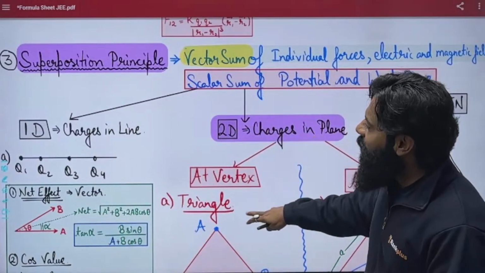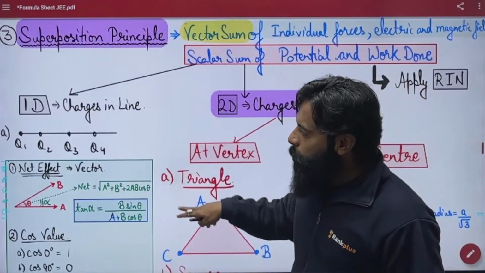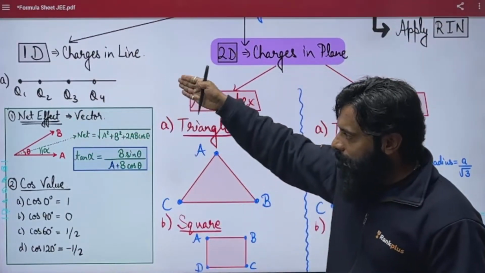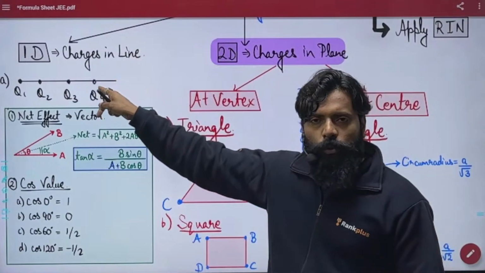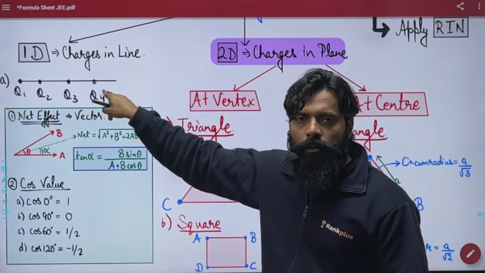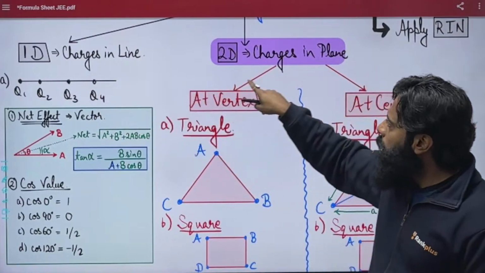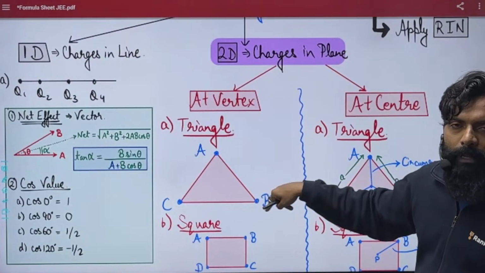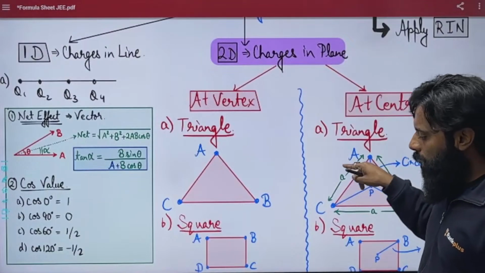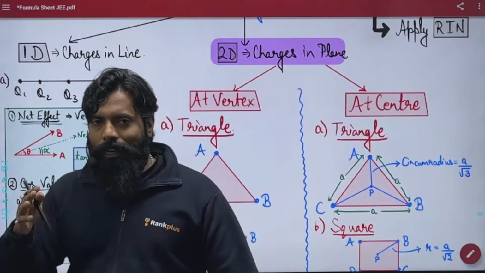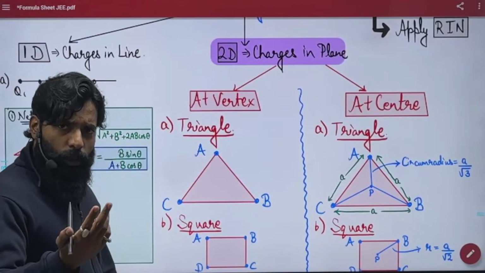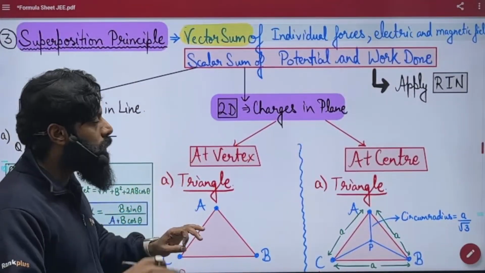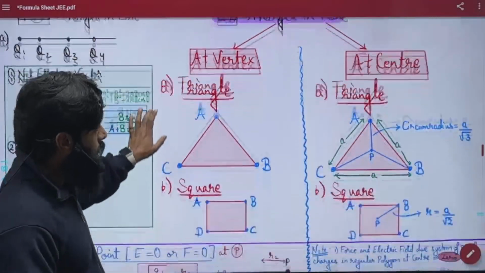I'm telling you what type of questions you might get. In this, you will get charges lined up in a single line, and you have to calculate the value of force at any of the points. You might get charges in a plane, in a shape like a triangle, square, or hexagon. Hexagon is the last shape which I have seen. Circle is also there, but generally hexagon is the last polygon you can get, right?